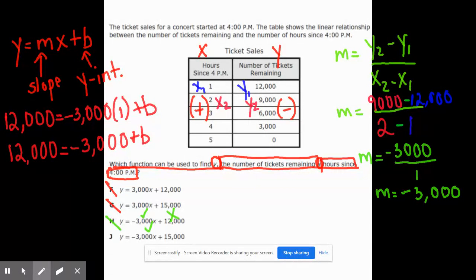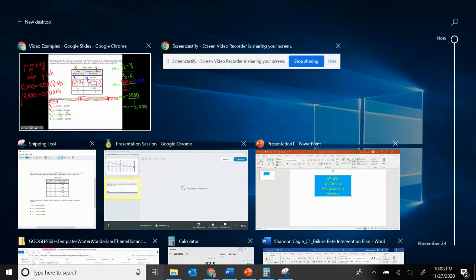Now, we're going to use inverse operations to isolate the variable. Remember, we want to get b by itself. We want to see what it equals. So in this case I'm going to add 3,000. I'm going to add because it's negative, so I want those to cancel out. So I'm going to add 3,000 to both sides.